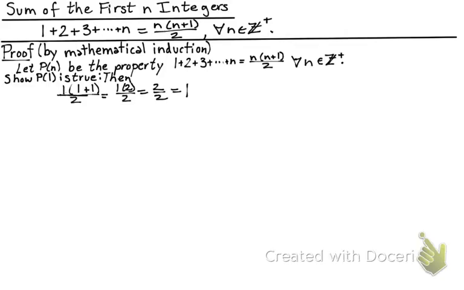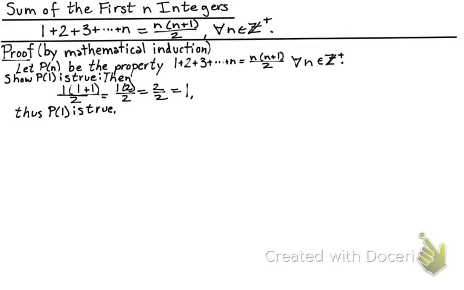So if we get this, we have shown that the property is true for n equals 1. So we can write that down and then say, thus, P of 1 is true. So in this case, our basis step has just been proven.